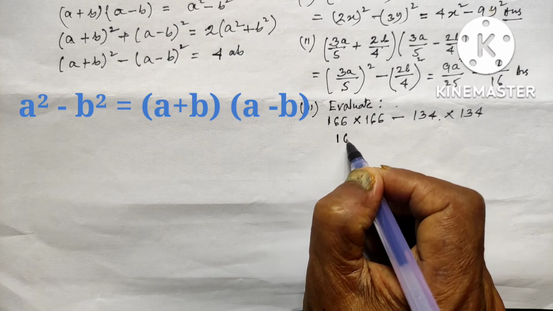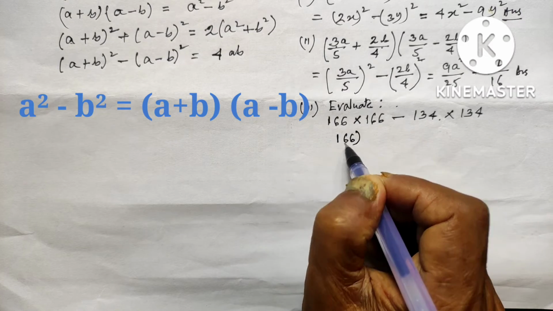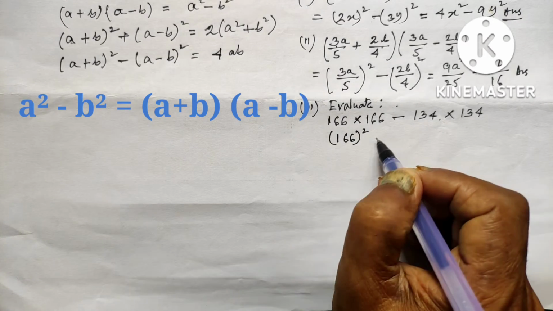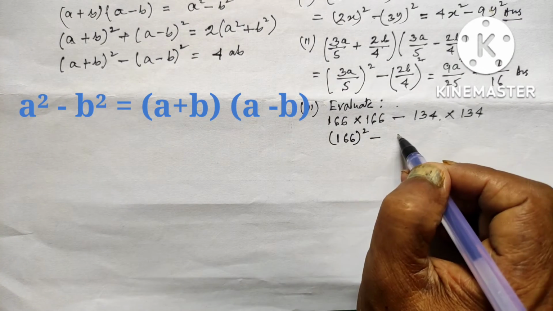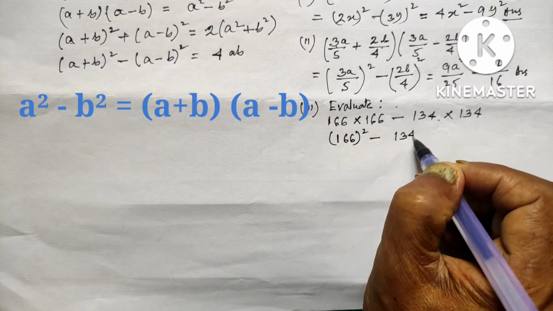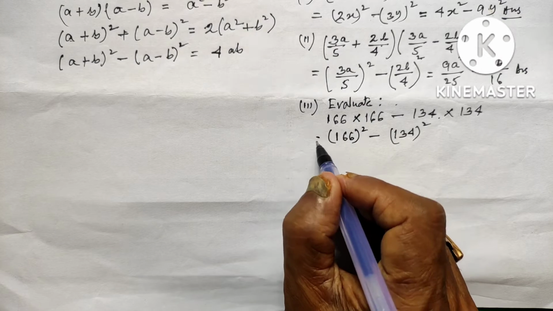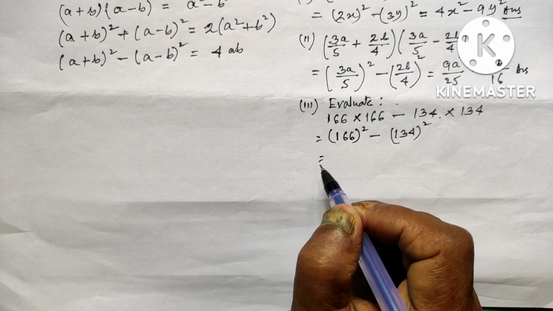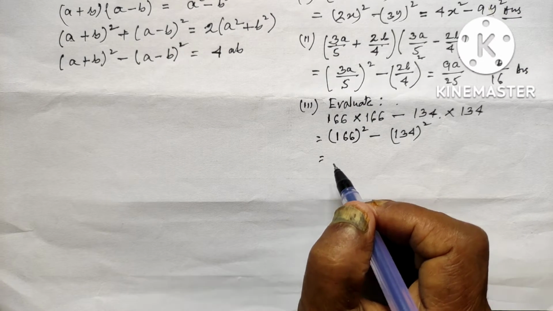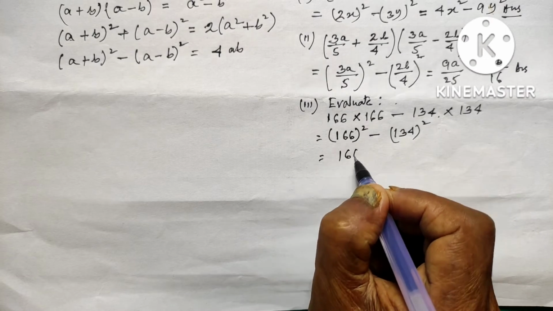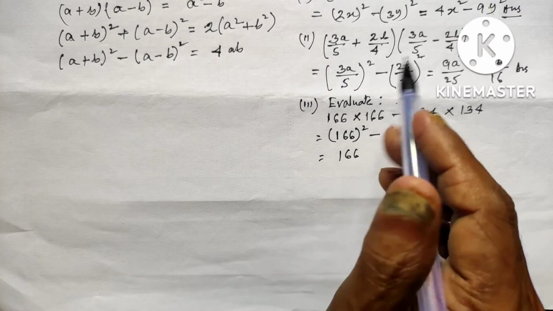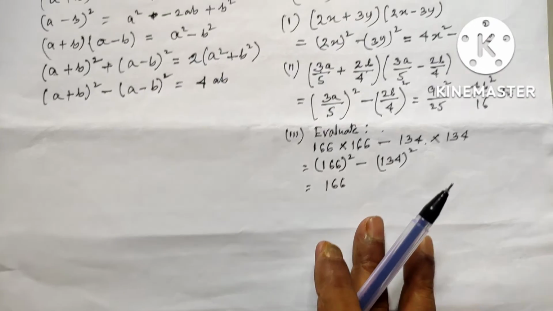That means you can write 166 whole square minus 134 whole square. And then you are going to get (166 plus 134) into (166 minus 134). Look here, plus, the formula.